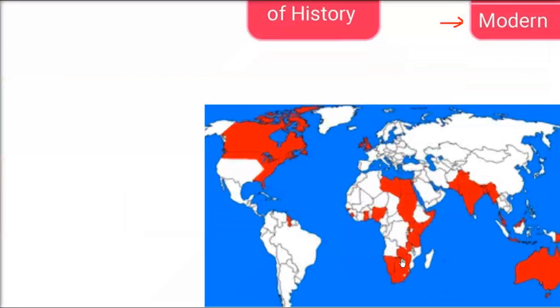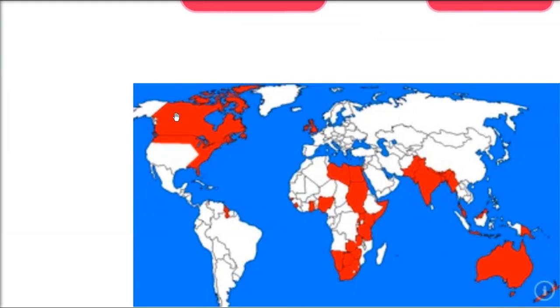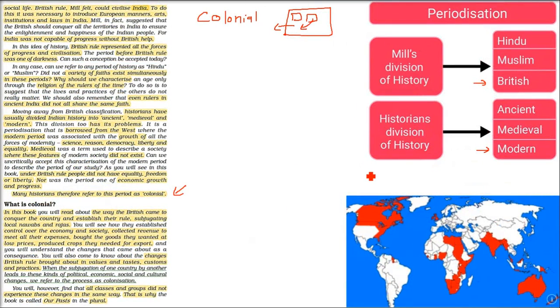Now, if I take you to the actual picture, these red colors show the British colonies. So Canada, India and Australia all were British colonies. So colony means the Britishers came to different countries, especially ours.